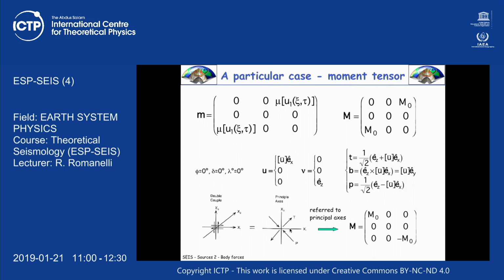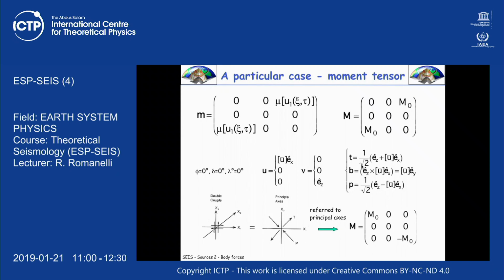The last, maybe the easiest representation was the one resembling the fault. Now we can assume that the fault has, well, let's imagine that north is there, so strike is 0, dip is 0, and rake is 0 because it's pointing there. Okay? Good. That's u, that's n.